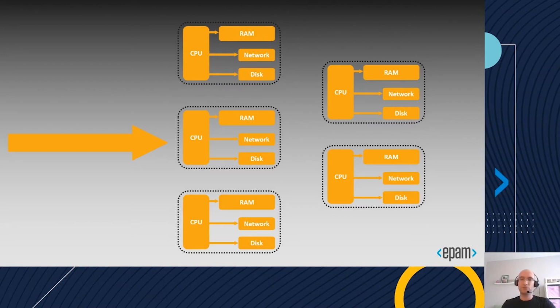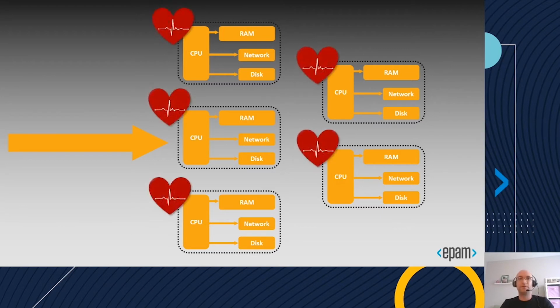Now, all of these solutions for introducing fault tolerance introduce some kind of controller, that you can see as the big orange arrow on the left side. For this to work properly, the controllers have to know which of your instances are still able to consume workloads, and which can't.